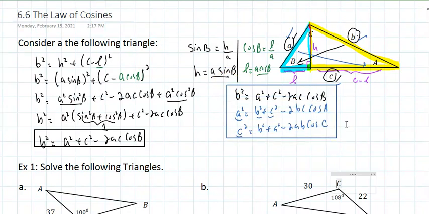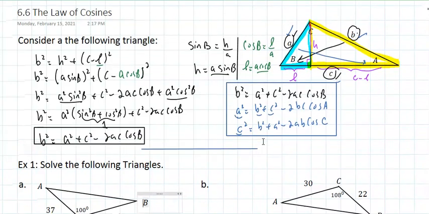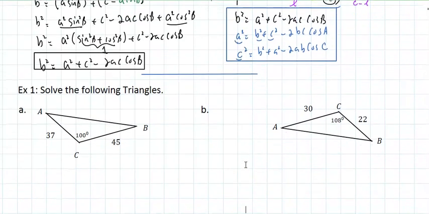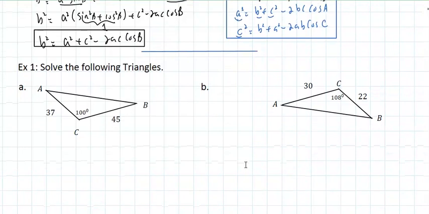So, if I look at my first example, you'll notice these problems are picked so that the law of sine doesn't work. It doesn't say how to solve. You can solve any way you want. Solve the following triangle. The law of sine doesn't work because I have an angle, but I don't have the opposite side of that angle. If I call this C, this is what I know.